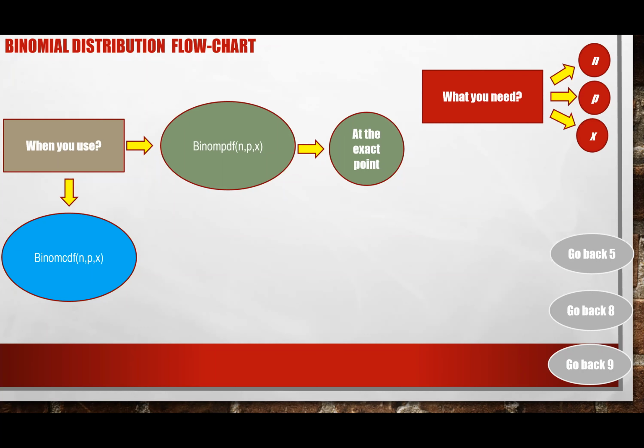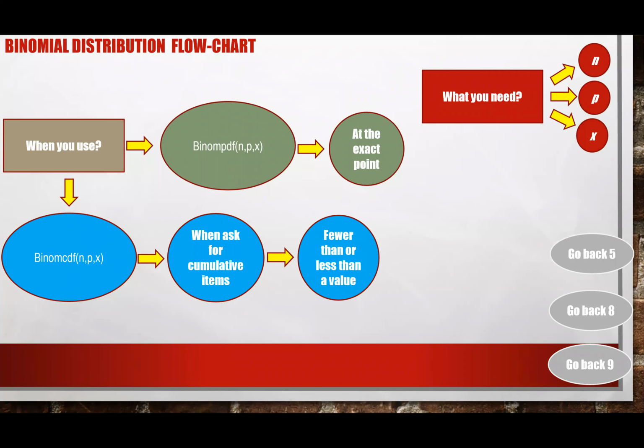Okay, and anything else, if they ask you for a cumulative value, meaning more than or less than, meaning more than one point, then we're using the binomial CDF. And remember, for the CDF there are two cases. They will ask you fewer than or less than an actual value.